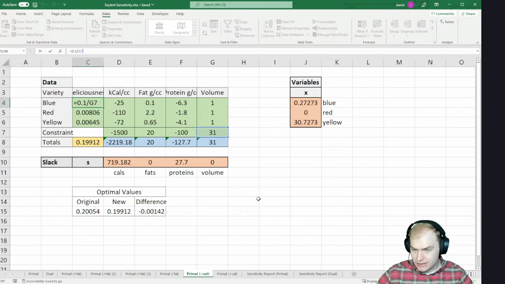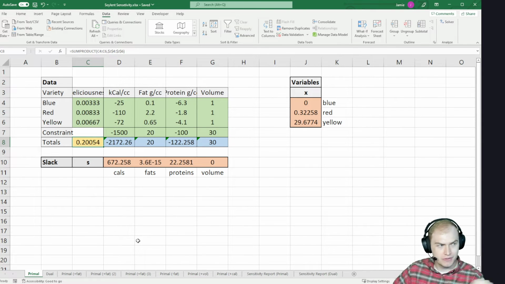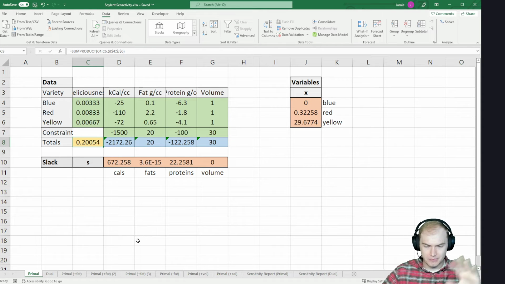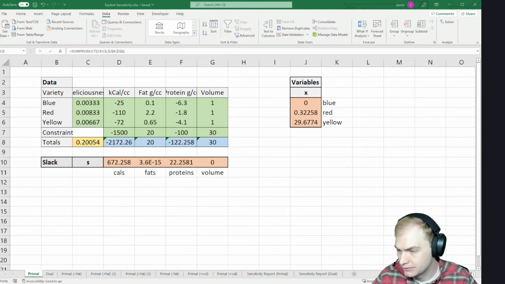But one of the neat things about Excel, one of the things I really like about Excel, is that we can ask Excel to print out shadow prices for a given solution. You'll see it after you run the solver. There's a box in the upper right corner that I didn't take a snapshot of and show you. Let me do that actually. I think I can do that real quick.